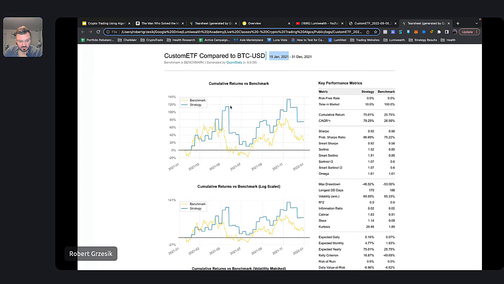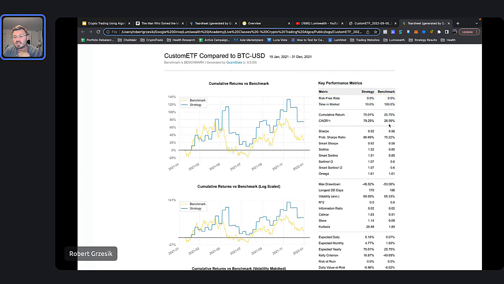You can see we're placing trades in kind of a unique way here, right? And then in the yellow, we see Bitcoin, right? So you could tell that we definitely beat Bitcoin by a very healthy margin, right? So Bitcoin was down here. When it ended, we're up here. Basically, we made 75% return on our strategy overall versus Bitcoin, which only did 25%, right?